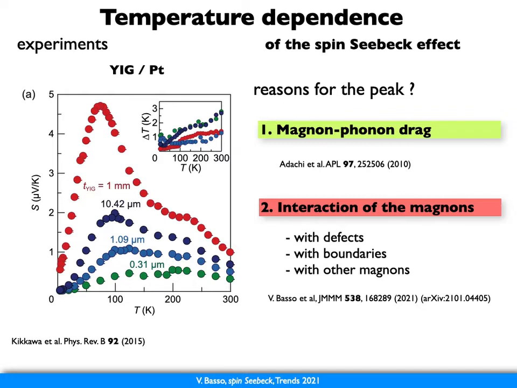The idea put forward by Adachi et al. was that, as the thermal conductivity in insulators very often has a peak in that temperature range, there should be an interaction between the phonons that are responsible for the peak and the magnons. So the heat current also pushes the magnons thanks to an interaction between them. We are not too convinced of this explanation, so we tried something different.